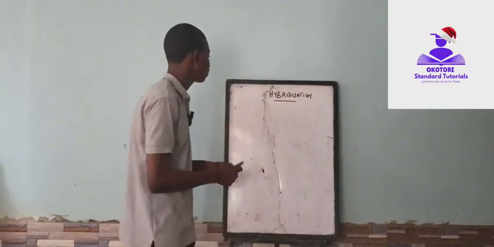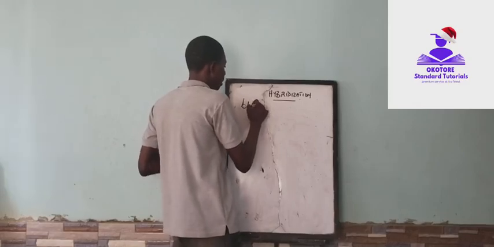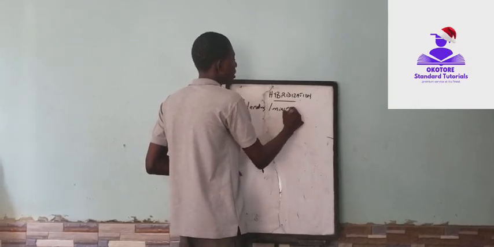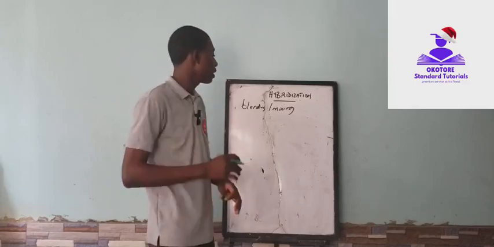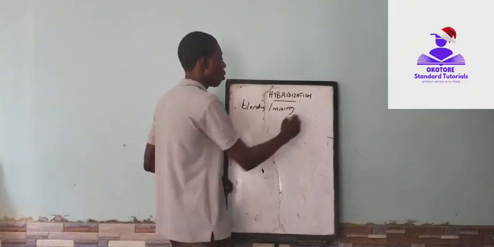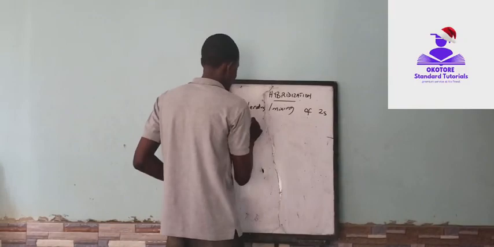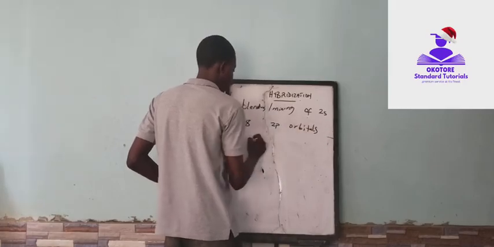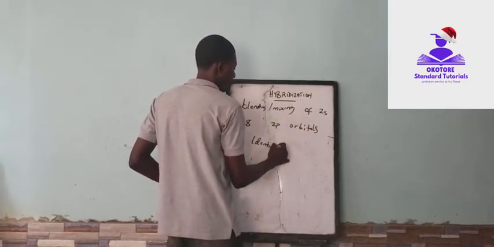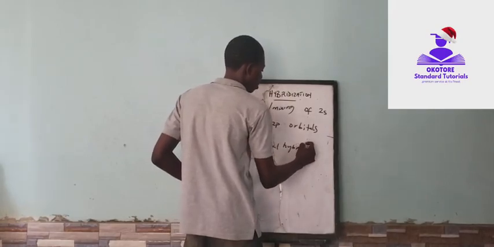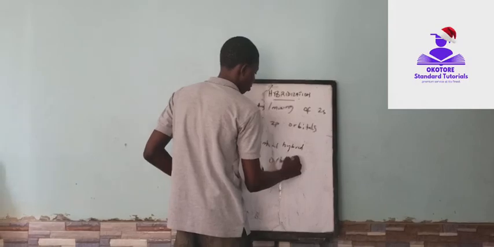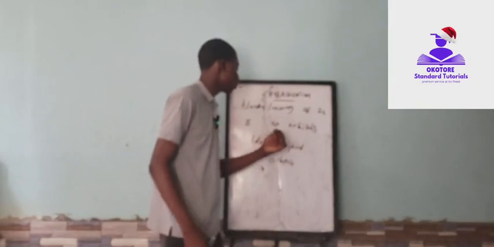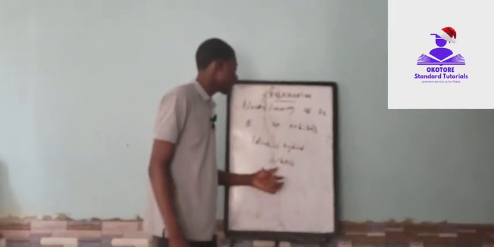Hybridization is the blending or mixing, or you can call it the blending or combination, whatever you want to call it, of 2s and 2p orbitals to form identical hybrid orbitals.